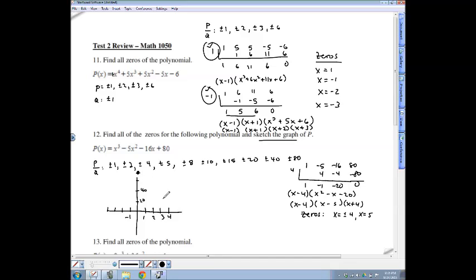So the y-intercept is 80. We have zeros of 4, -4, and 5. This is a degree 3 with a positive leading coefficient, which means the end behavior is left side is down, right side is up. All three of the factors have a multiplicity of 1. That's odd multiplicity, which means the zeros cross. So it crosses through and comes up.